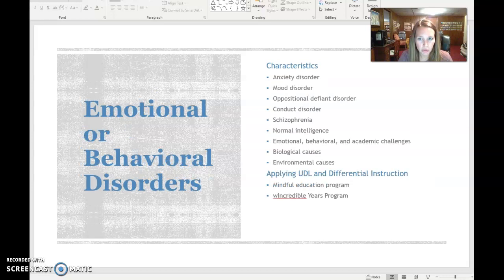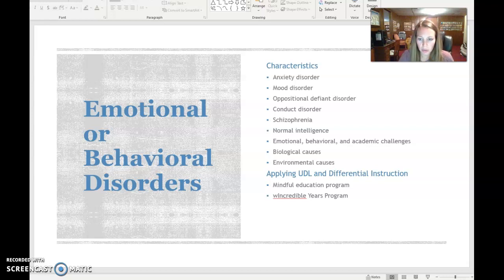Emotional or behavioral disorders, some characteristics: anxiety disorder, mood disorder, oppositional defiant disorder, conduct disorder, schizophrenia, normal intelligence, and emotional, behavioral, and academic challenges. That is also caused by biological and environmental causes.